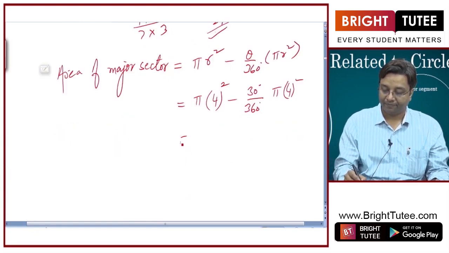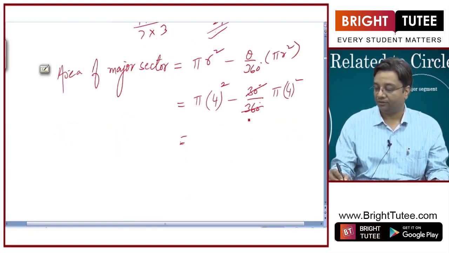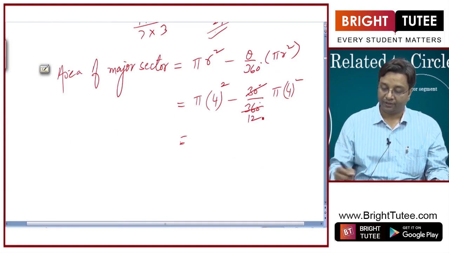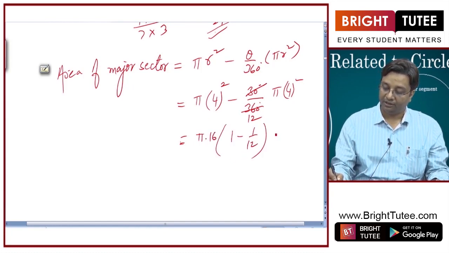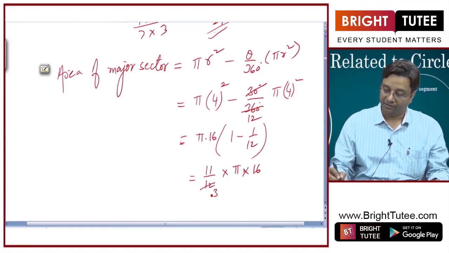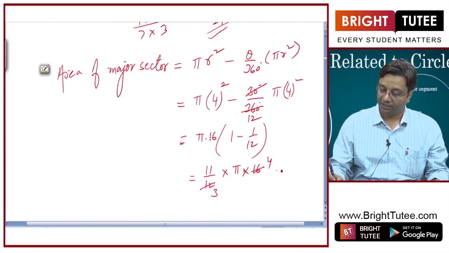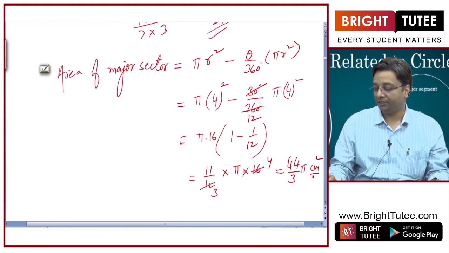Okay, so this is 12, right? So this is equal to pi into 16 common, 1 minus 1 by 12. So it can be written as 11 by 12 into pi into 16. If you further simplify it, you can write it as 44 by 3 pi, and the unit will be centimeter square.